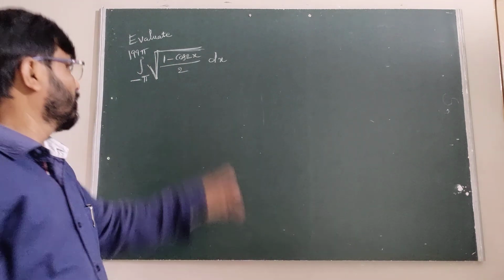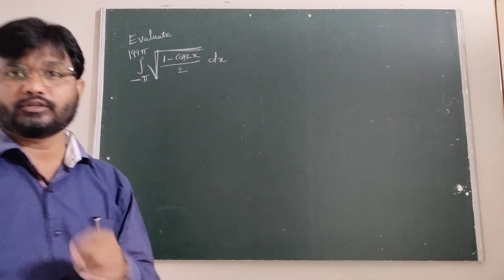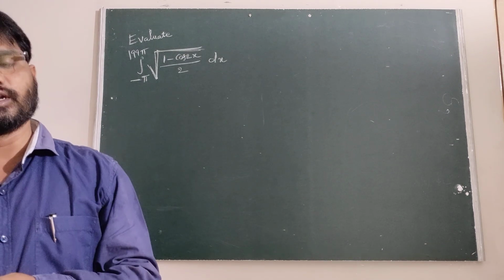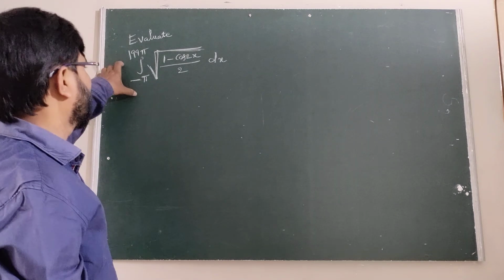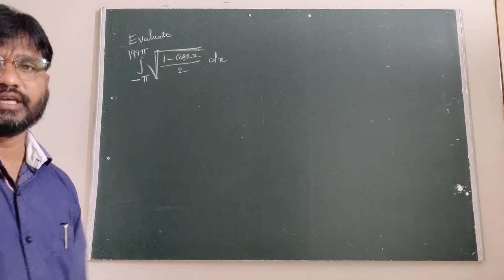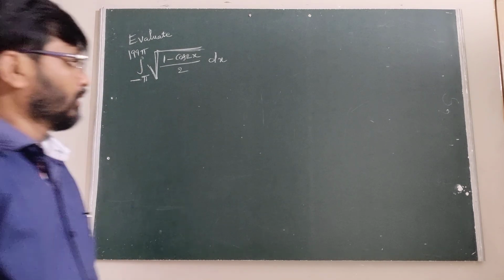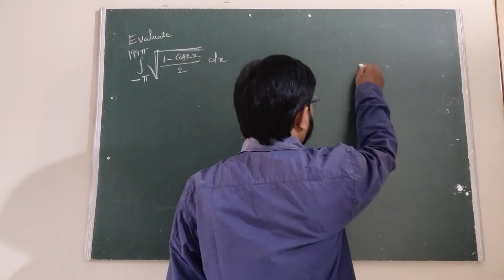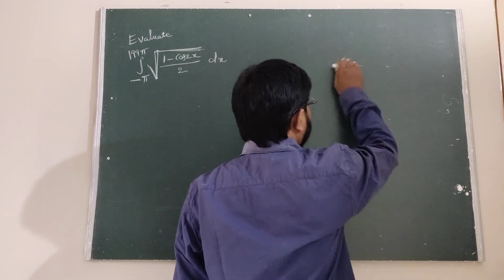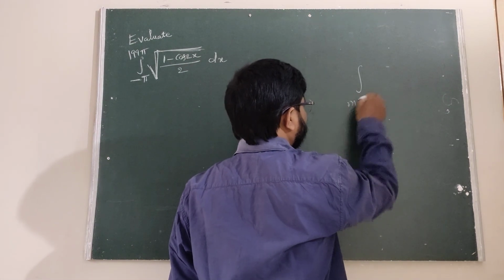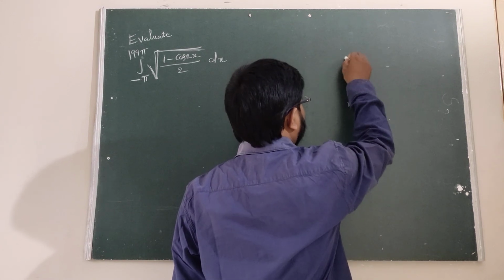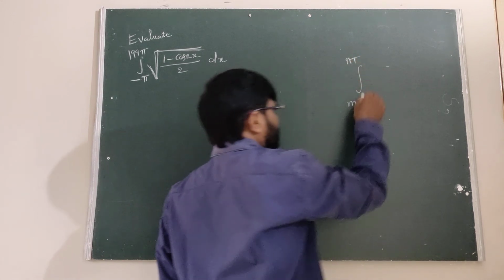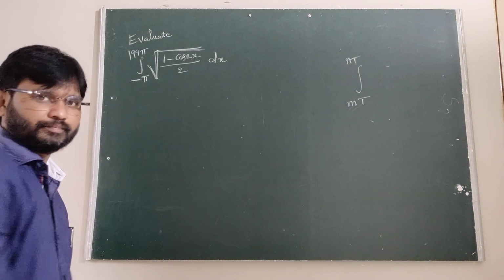So here 1 minus cos 2x, we know that is 2 sin square x. Another observation is here, all of you listen here, the integral from mT to nT. What is common in the T?